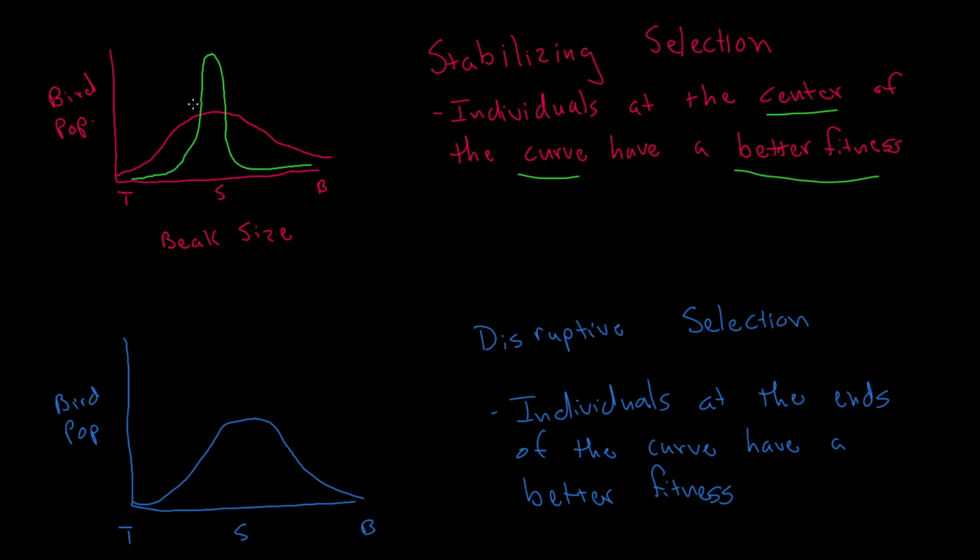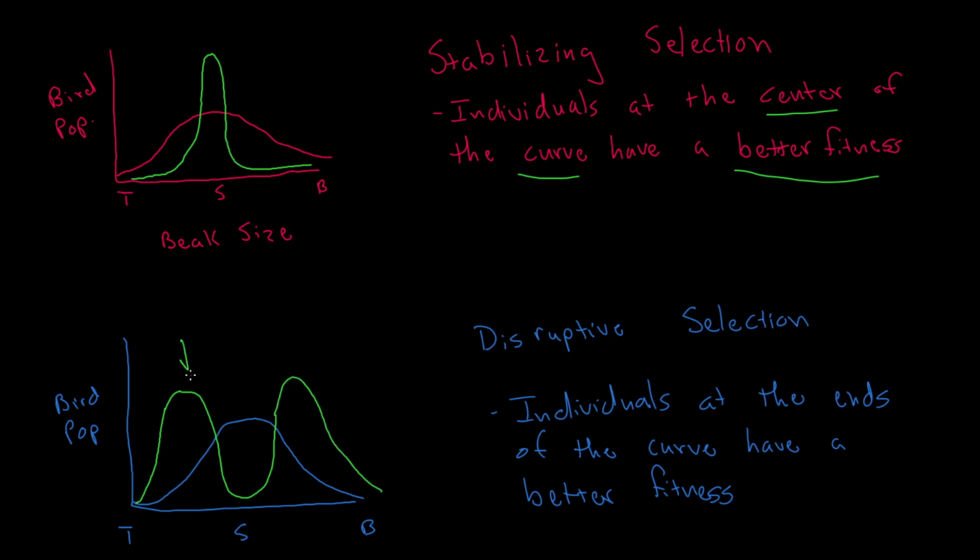And lastly, disruptive selection. Once again, you start with the original population: tiny, small, and big. In this case, individuals at the ends of the curve have a better fitness. So you have the starting population, and then something happens, once again maybe a die off of a food source. And what happens is the ends are favored.